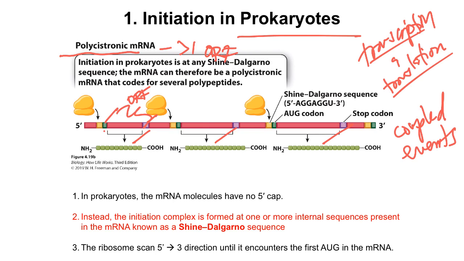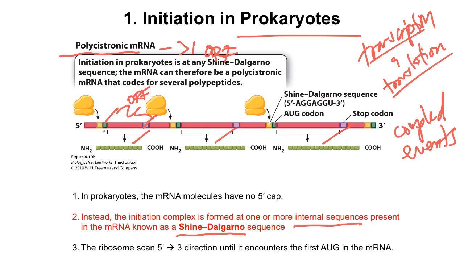So in a polycistronic mRNA, the initiation complex is formed at one or more internal sequences present in the mRNA, known as the Shine-Dalgarno sequence, named after the scientists that first detected this conserved sequence.